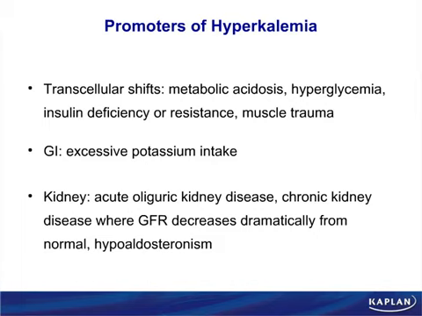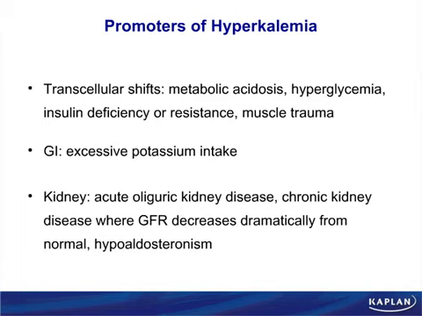Now, kidneys. Renal failure, whether it's acute or chronic. Whenever there's a decrease in GFR, you can get hyperkalemia. Low aldosterone states. Aldosterone is necessary for normal renal secretion and excretion of potassium. So, very important to understand.